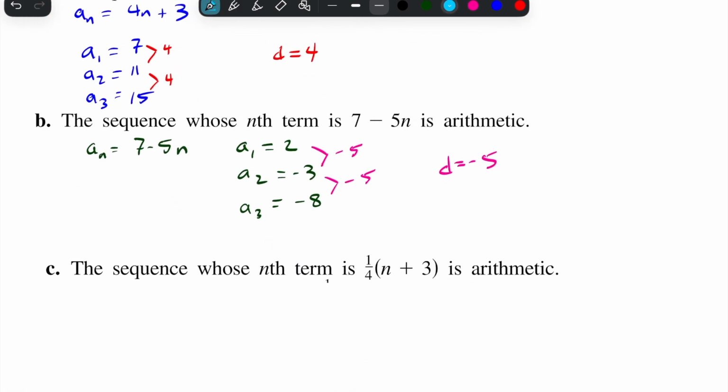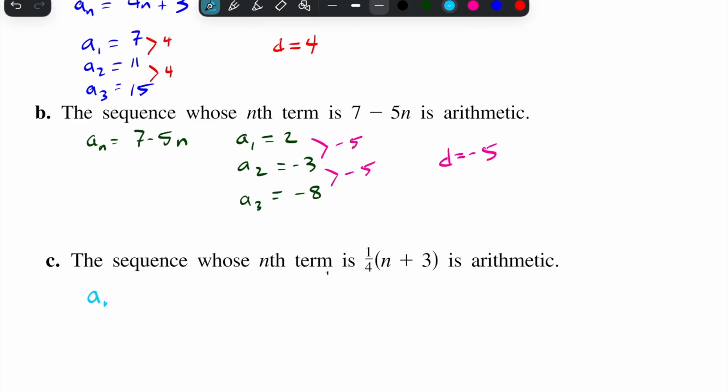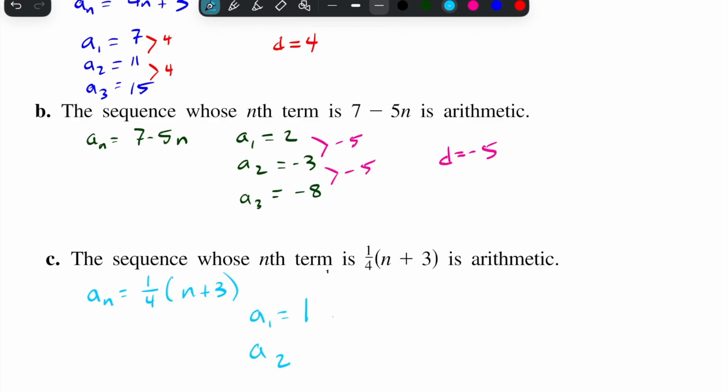Okay. And our last one here, we got the sequence defined as the nth term is 1/4 times n plus 3. So a1 is 1/4 times 4, or just 1. a2 is 1/4 times 2 plus 3, so 1/4 times 5 is 5/4. a3 is 1/4 times 3 plus 3, or 6/4, which can also reduce to 3/2.